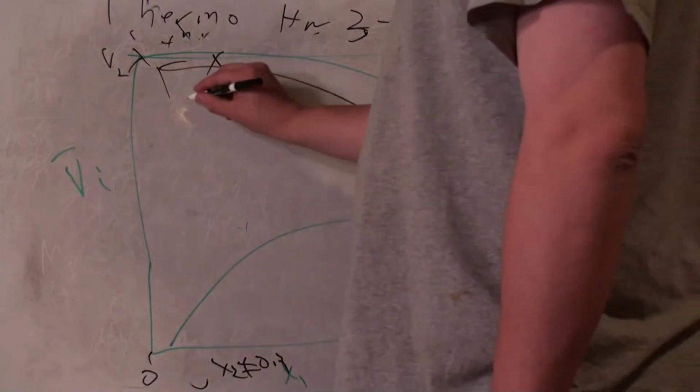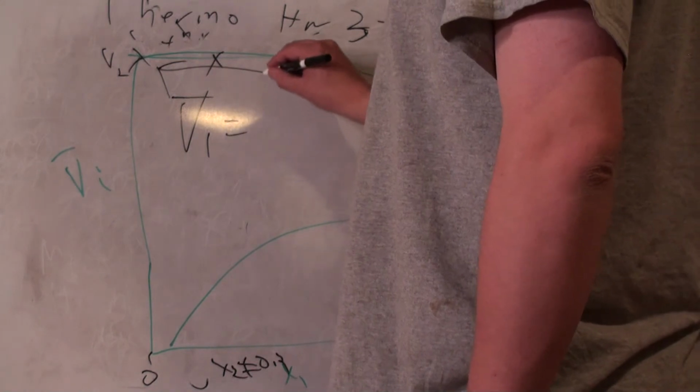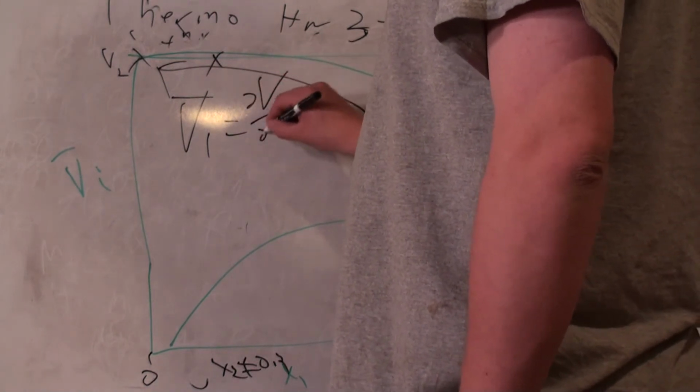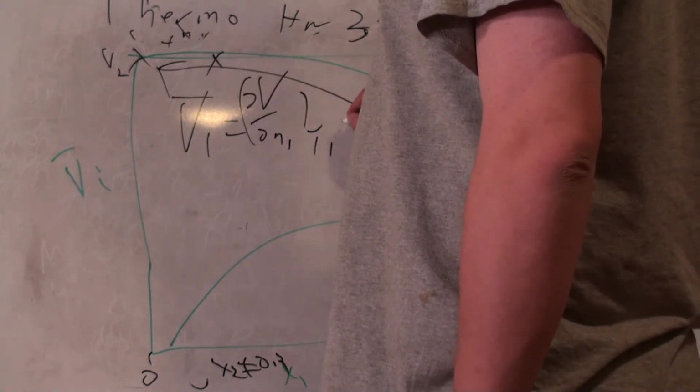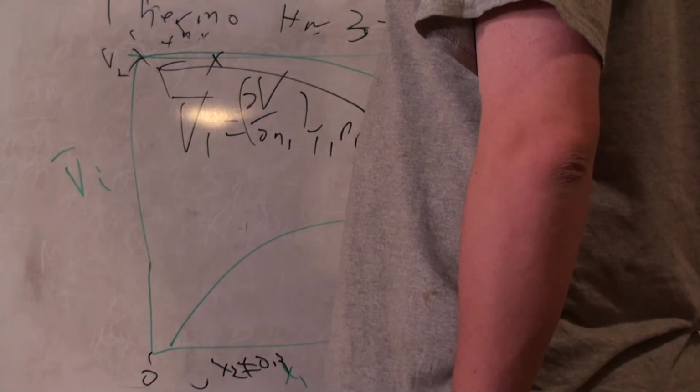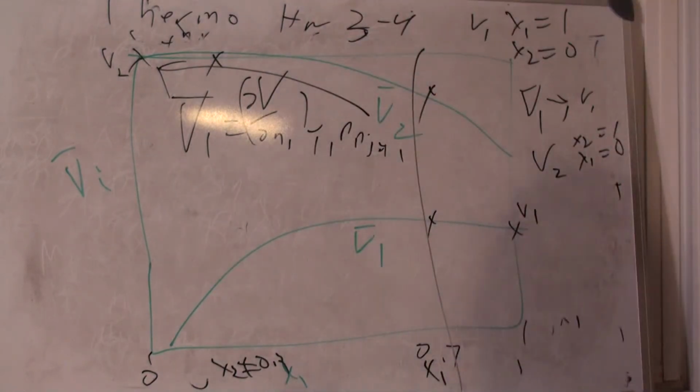I know that partial molar V1 is equal to the partial derivative of capital V with respect to n1 at constant T, P, and nj not equal to 1. But that's not little v, is it? No, that's capital V. And because I'm given partial molar V1, I'd have to integrate that.